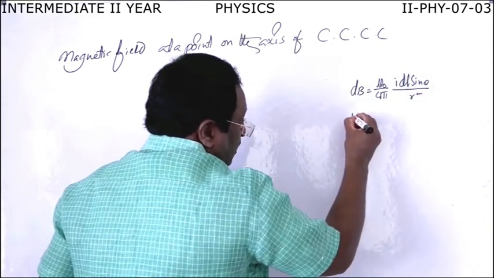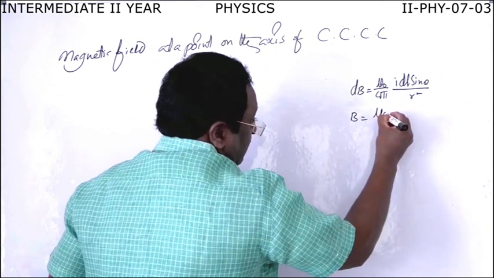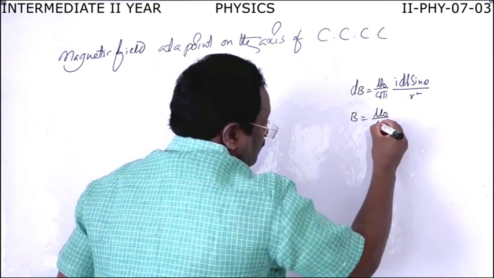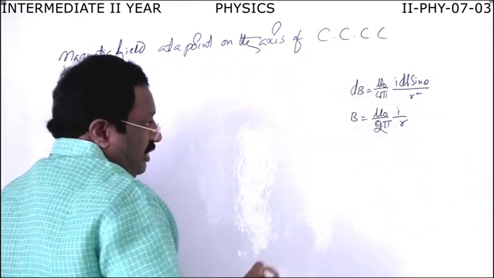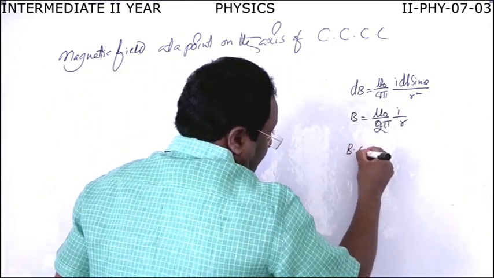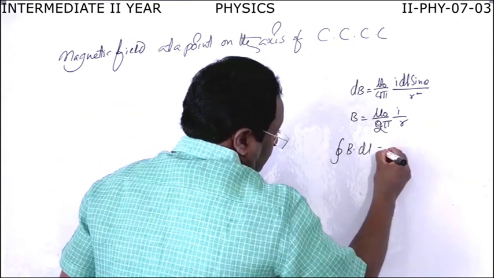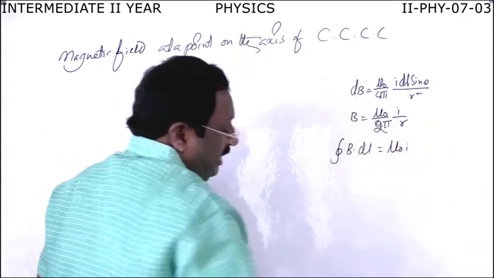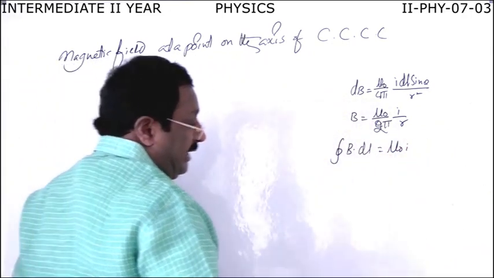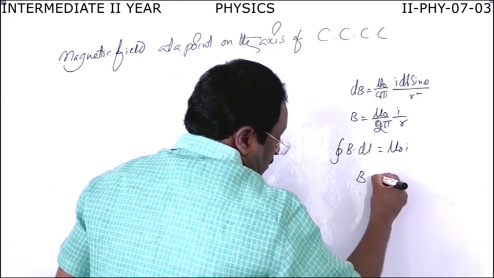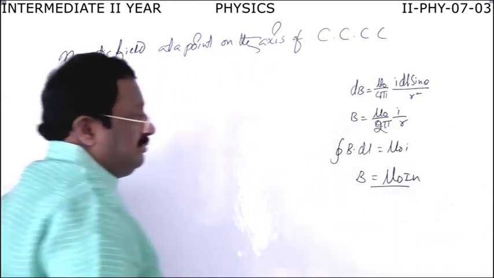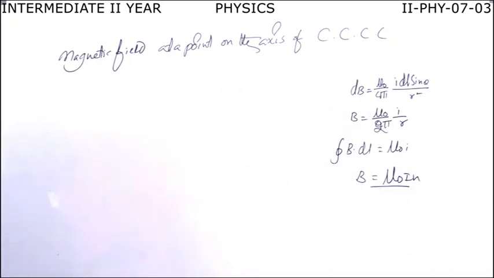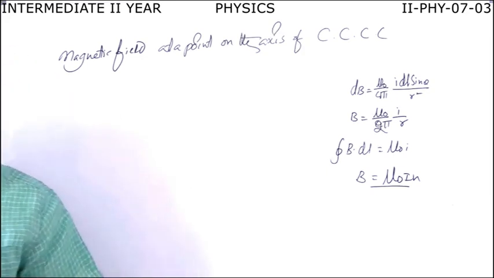Magnetic field due to a straight current carrying conductor, Ampere's circuital law, and the magnetic field produced in a solenoid and toroid, mu naught I N. So now we are going to study the magnetic field due to the current carrying coil.